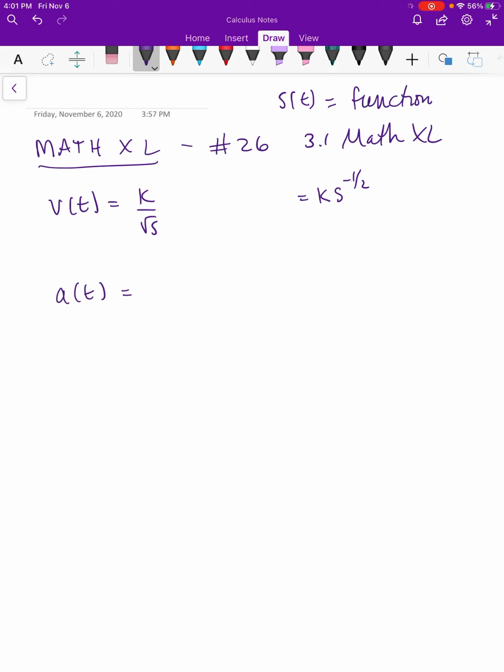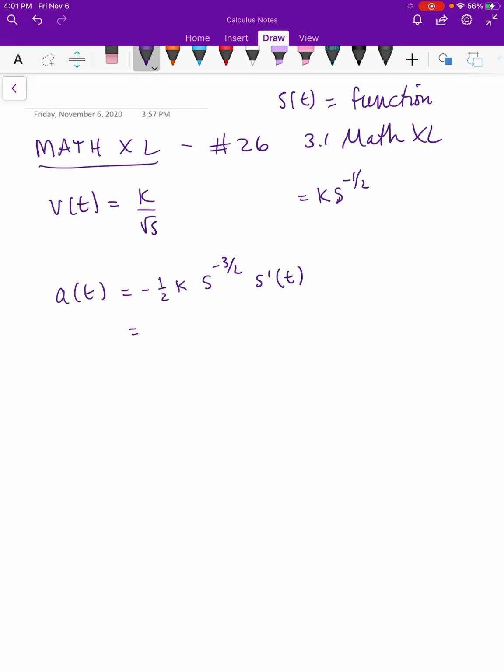And so when you've got some function to the negative 1/2 power and you're taking the derivative, you got to use the chain rule. So this would have been negative 1/2 k times s to the negative 3/2 times the derivative of s.